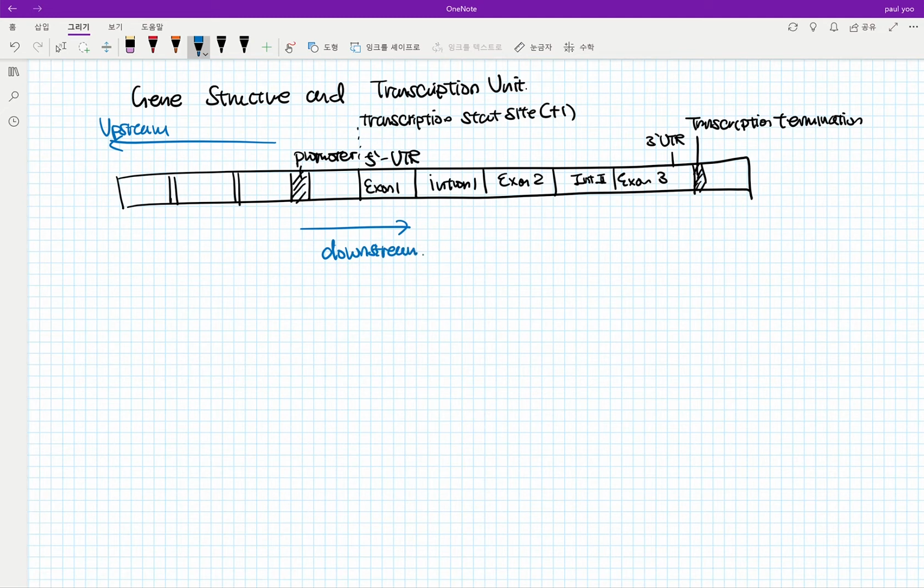Okay, so at the upstream region, there will be some regions that has upstream regulatory elements.